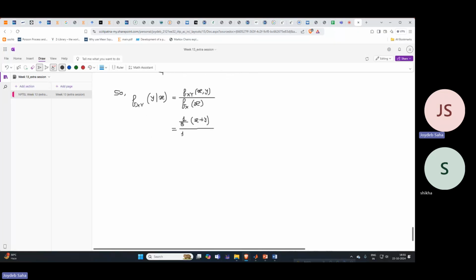And f of x we have calculated 1 upon 4 (x plus 1), which is equal to, and the limit is given 0 less than x less than 2, 0 less than y less than 2, and for any other value of x and y it will be 0.